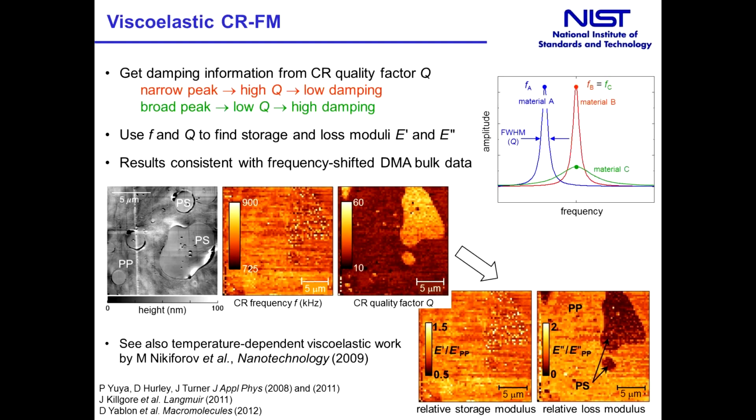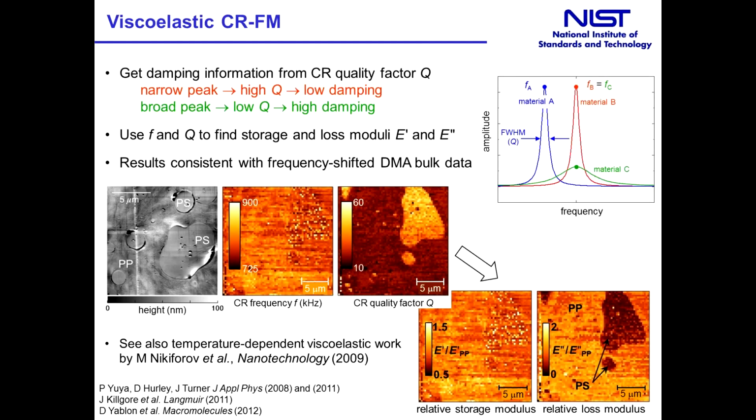Recently, we worked with our collaborators at Asylum, ExxonMobil, and the University of Nebraska-Lincoln to demonstrate the concept of viscoelastic CR-FM. The black and white topography image shows the sample was a polymer blend containing regions of polystyrene in a surrounding matrix of polypropylene.